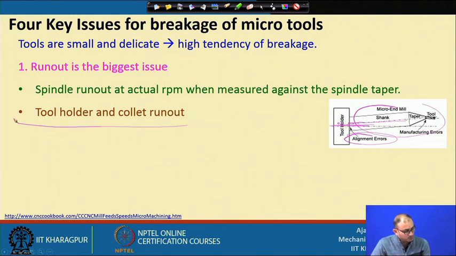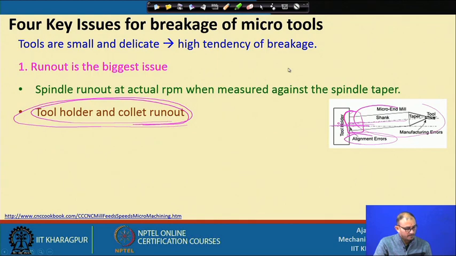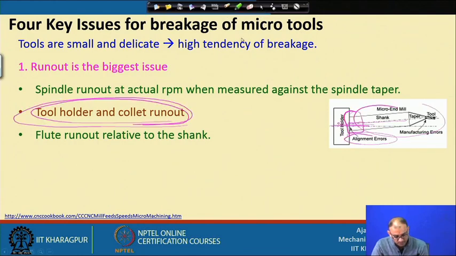So, this is called the tool holder and the collet runout, right. This is the tool holder, there is a collet available here, and on the collet you are putting the cutting tool. This is the first thing which is happening between the tool holder and the collet, and this is the flute runout related to the shank side. Now, this is the second one. You can see here, this is the cutting tool and this is the shank.